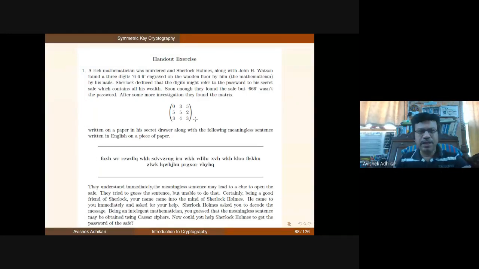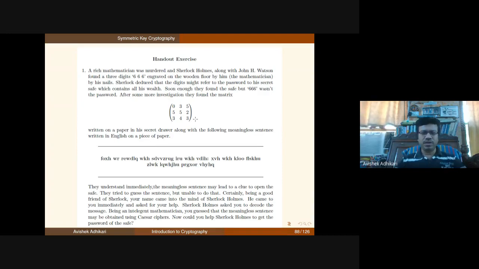Let me read this problem. A rich mathematician was murdered, and Sherlock Holmes, along with John H. Watson, who was his assistant, found the three-digit number 666 engraved on the wooden floor by him. Both of them were British, so that's why they had wooden floors, not our cement floors.